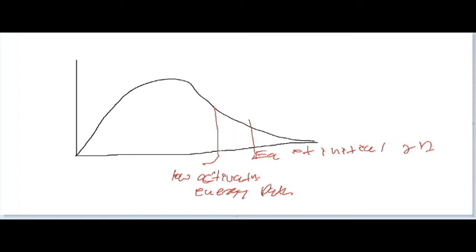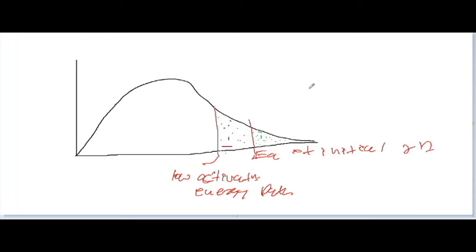So as a result of adding a catalyst, what happens is the number of molecules changes. Think about it: these are the molecules initially gathered with minimum activation energy, but after addition of catalyst there are many more molecules.